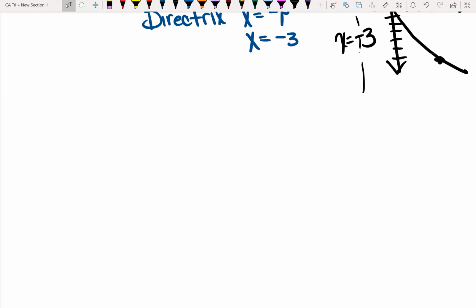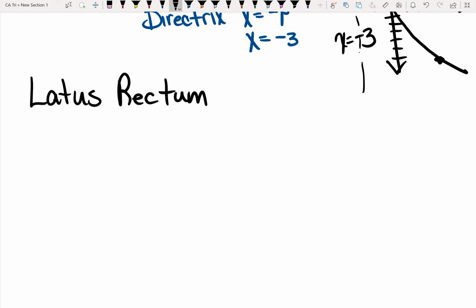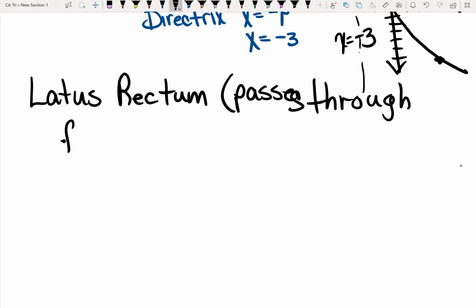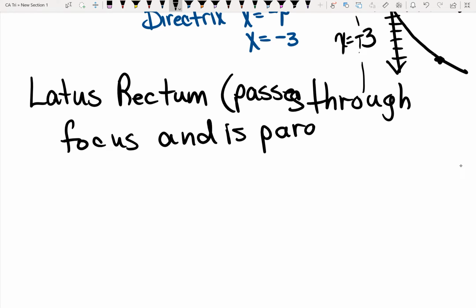Now, example 2 deals with a concept called the latus rectum. Okay, in this case, the latus rectum has to pass through the focus, so keep that in mind. It passes through the focus and is parallel to its directrix.